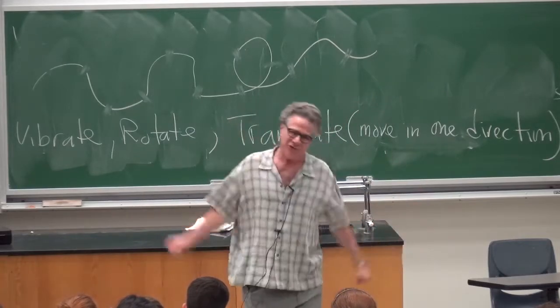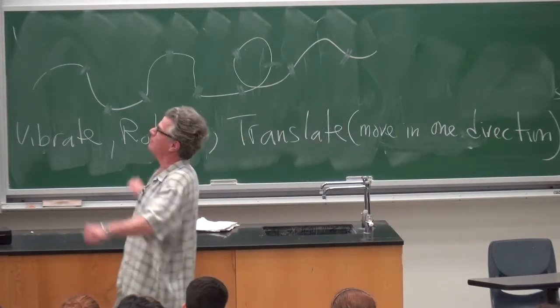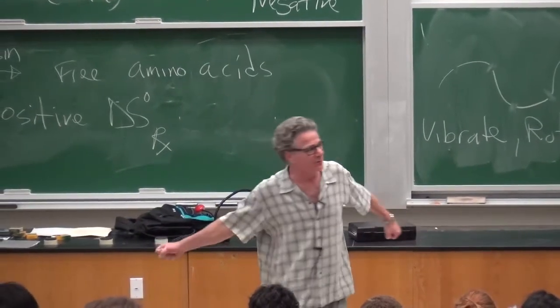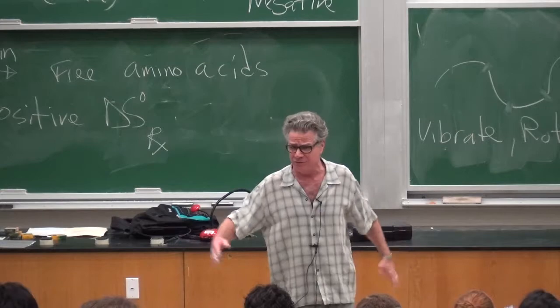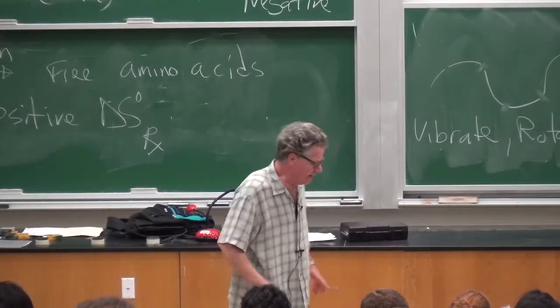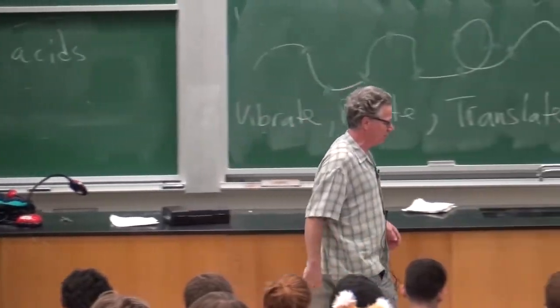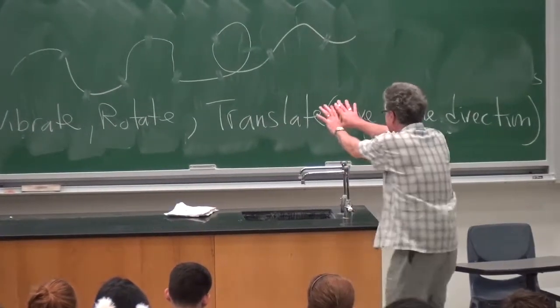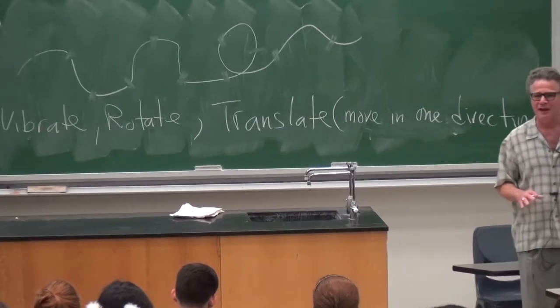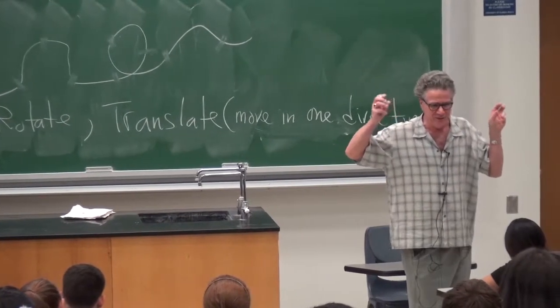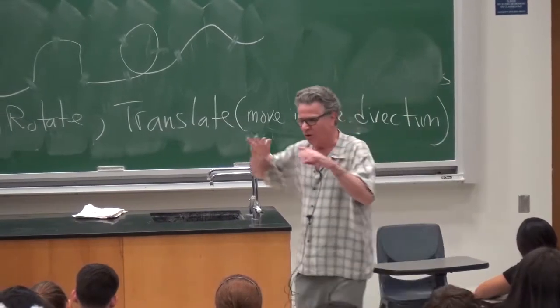I'm an amino acid chain and I'm getting beat up by the water molecules and I'm vibrating. I'm an amino acid molecule and I can spin like a top if I want to. I'm rotating. And I got kicked in the butt by a water molecule, and now I'm translating. But instead of one molecule doing that, thousands and thousands of individual molecules are doing it now throughout the solution.